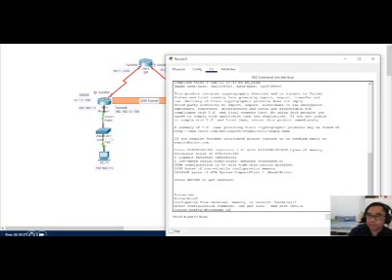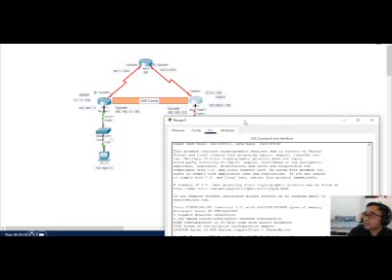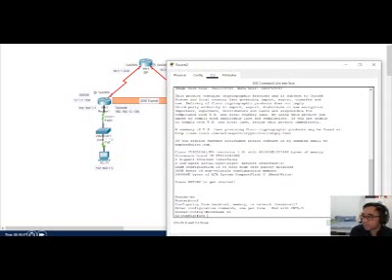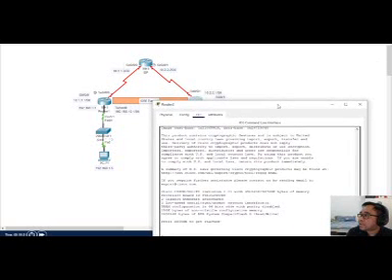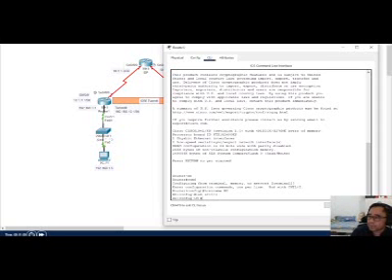Okay, then let's set the serial port. Let's go to the interface of the serial port, 0/0/1. Okay, correct. Now we're inside the interface of serial port 1.